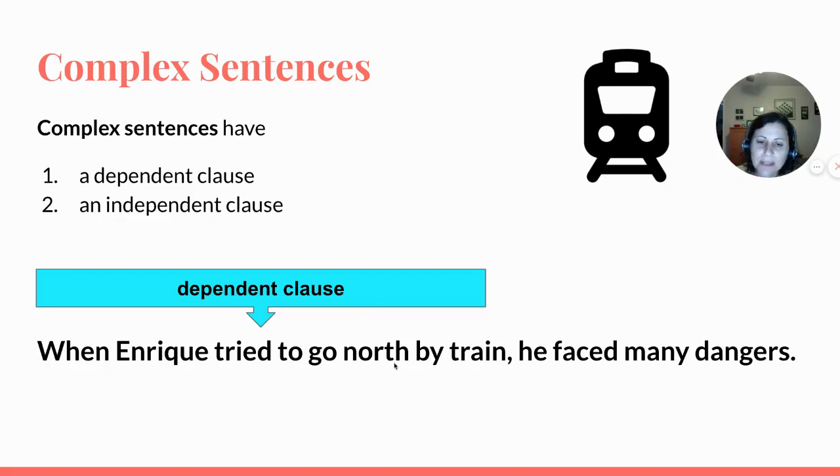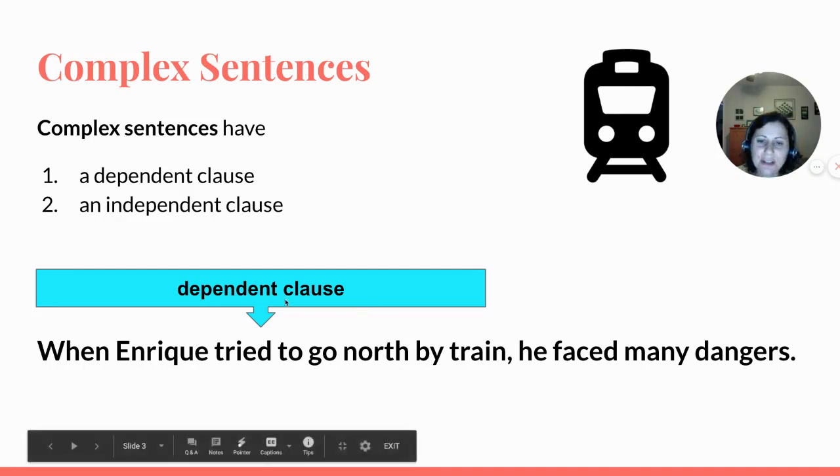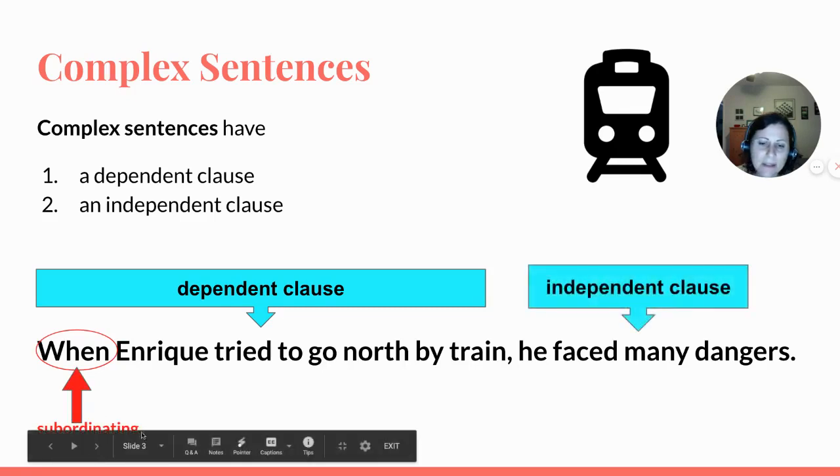When Enrique tried to go north by train, this thought is not finished. That's what makes it a dependent clause. And we have a subordinating conjunction. And then we have an independent clause. He faced many dangers. This is a complete sentence that can stand on its own. And it's followed by the comma.